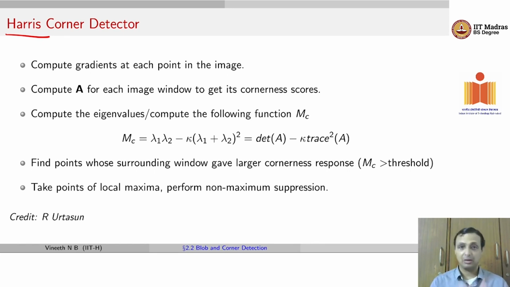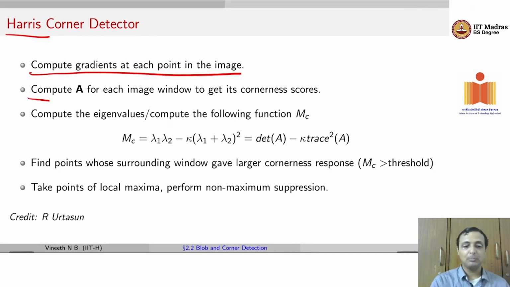The entire procedure follows something like this. You compute gradients at each point in the image. Using that, you compute your A matrix. You can use a weighting function, or if you don't, you just assume all of the patch positions to be equal. Then we ideally want to compute your eigenvalues and decide your cornerness based on the eigenvalues.